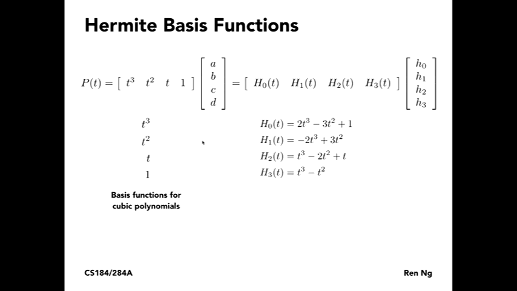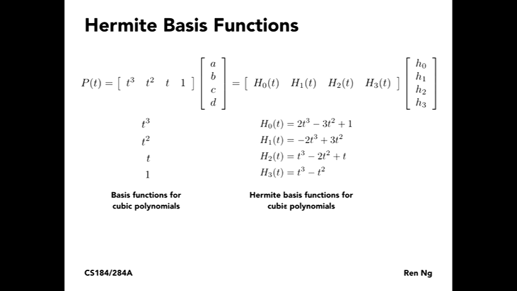One way to think about this is the basis functions for cubic polynomials, the simplest basis. This one here is how to interpret this. This is just another basis for cubic polynomials. This is the Hermite basis, and the basis vectors are functions in this case.